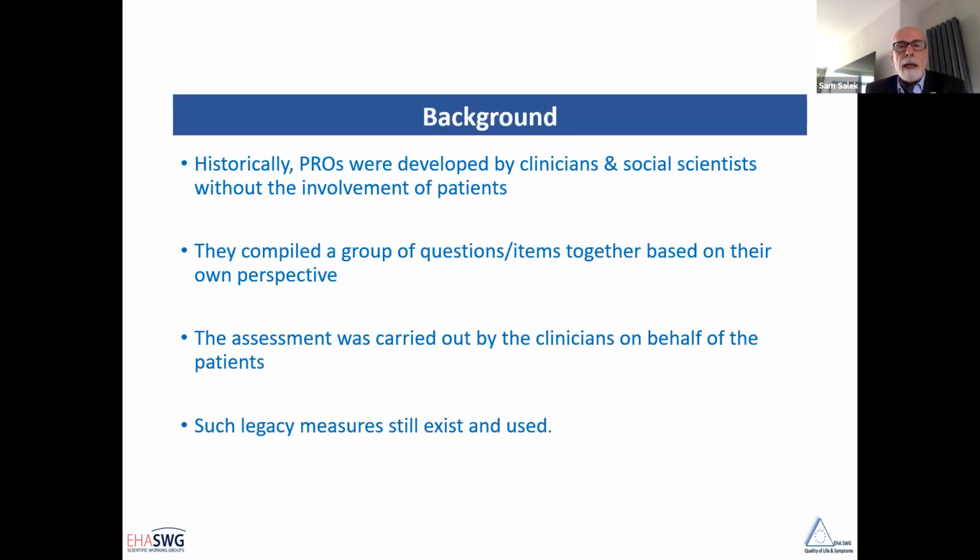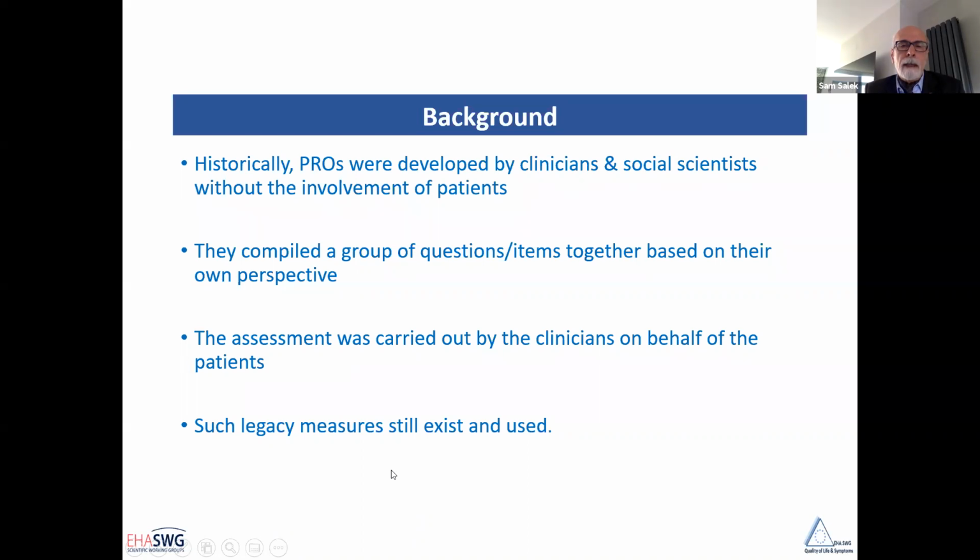As a way of background, it's really a breath of fresh air that we are no longer developing patient-reported outcomes or quality of life measures the way that they used to be, which was with no involvement of the patients, not only as study participants, but also not at all involved in any aspect of design or conceptualization of the development of these types of measures.